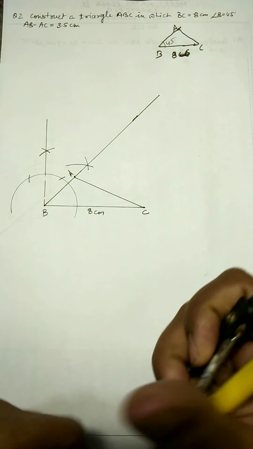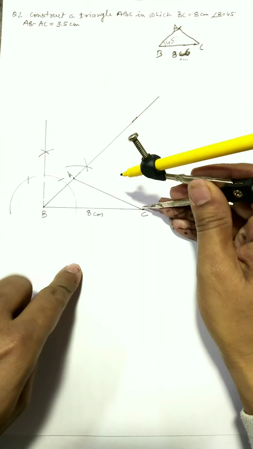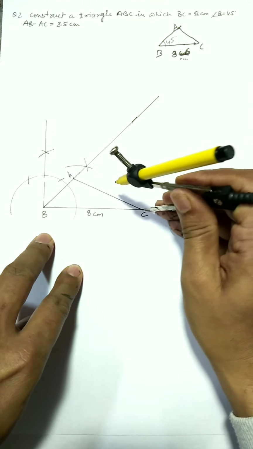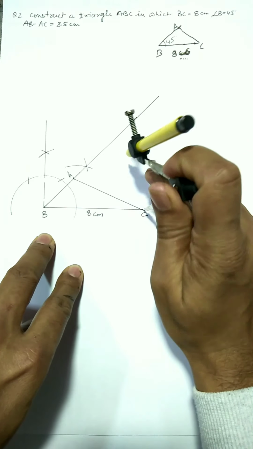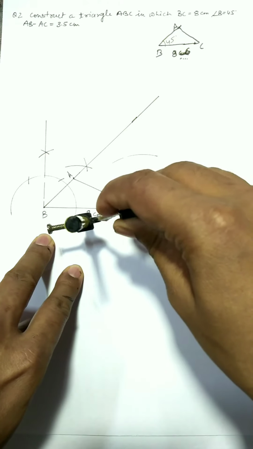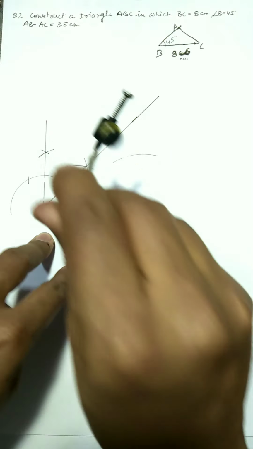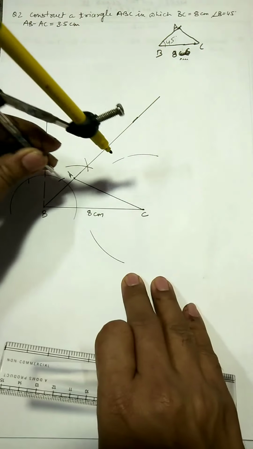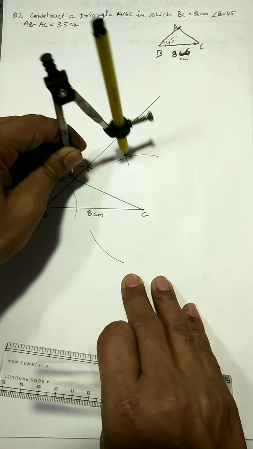Now I'm going to draw the perpendicular bisector of A dash C. So you see, open the compass more than half of A dash C. This is one arc, put one mark on this side, and from A dash take another arc like this.